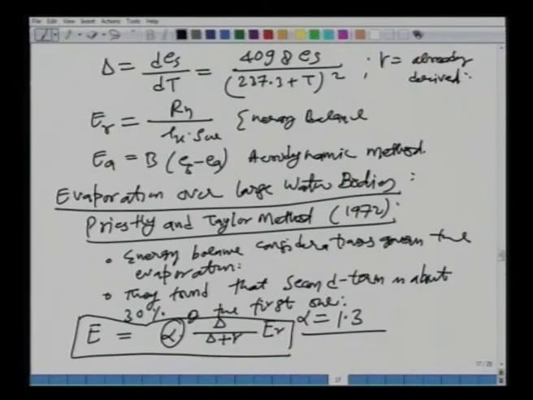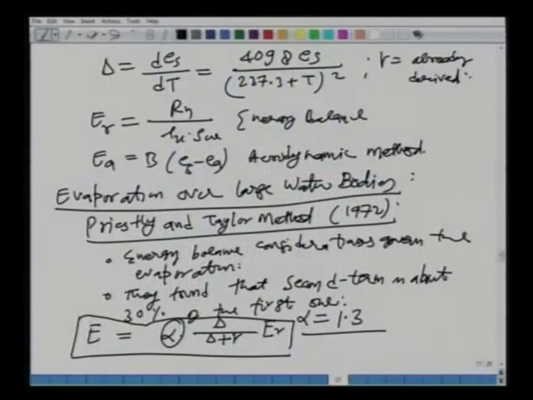So, the evaporation is equal to 1.3 times this factor times E_R, and E_R involves only one measurement, which is the net radiation. So, we are able to account for all the factors without actually having to measure most of them. This is the major advantage of this Priestley and Taylor method, which gives you quite accurate results as far as the rate of evaporation is concerned, and you do not have to measure a lot of these physical parameters.